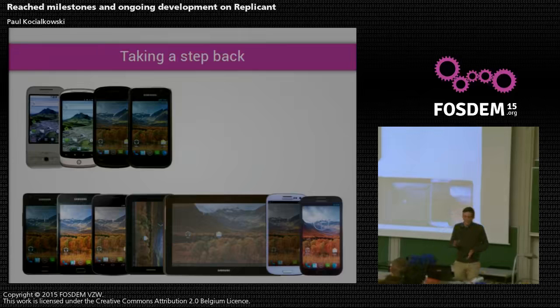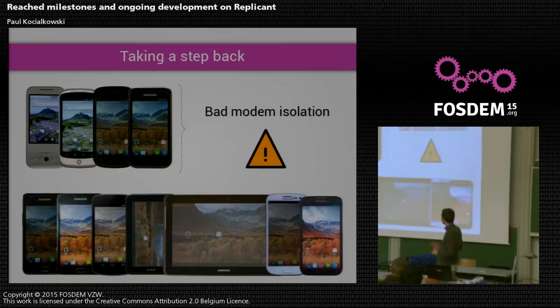And well, if you take a step back and look at those, that's the devices we support. All right, cool. But all of those have what we call bad modem isolation. It means that on those devices, the modem, which is always connected to the mobile telephony network and running non-free software, well, this piece of hardware has access to the rest of the device to a certain extent.